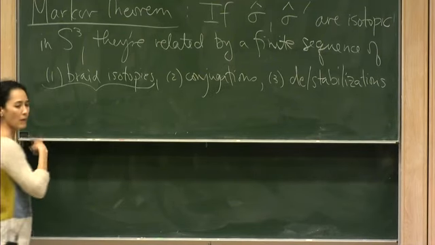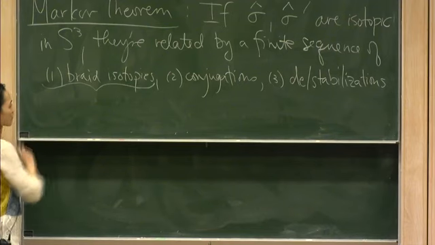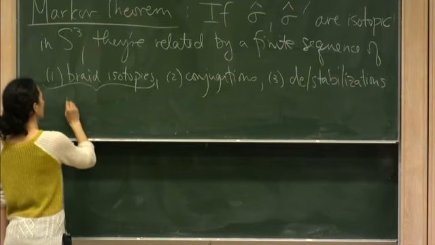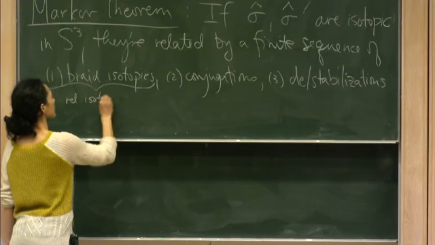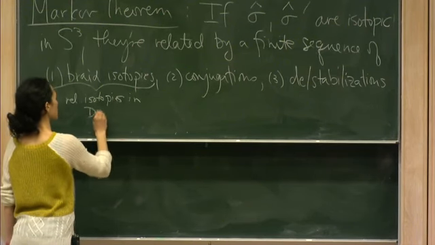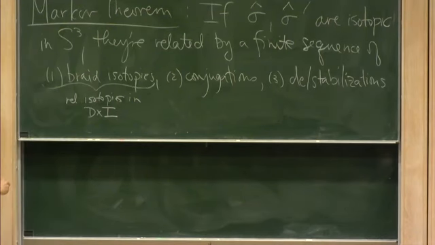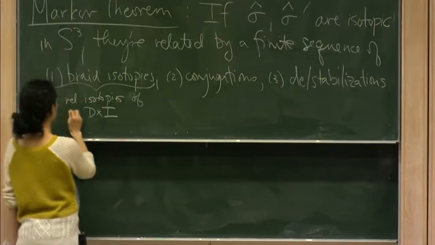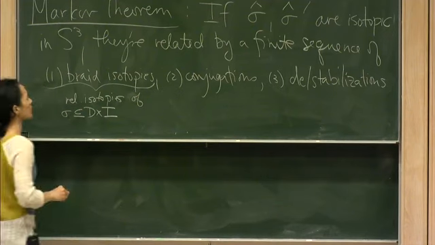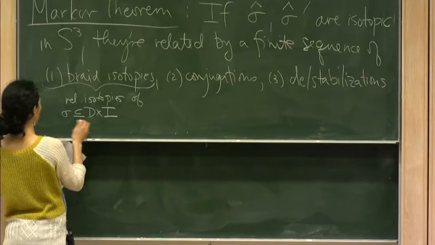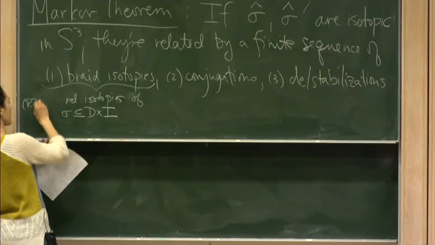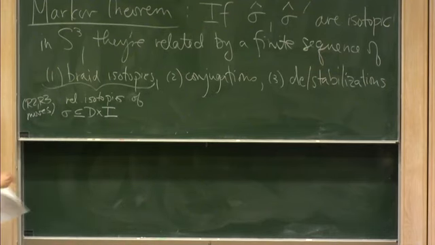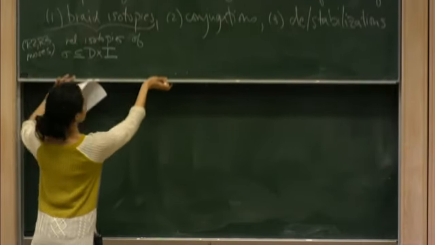So these are just R2 and R3 moves in the disk cross I. So these are relative isotopies of the original braid. And again, these are just R2 and R3 moves because we're just focusing on braid isotopies.